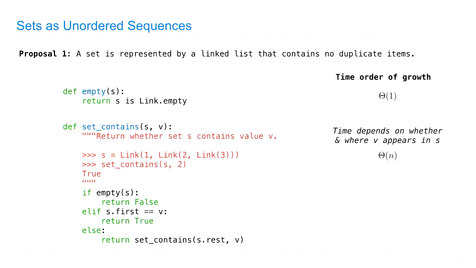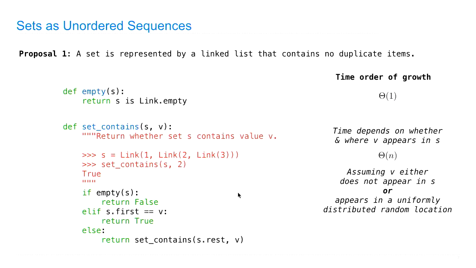But there is a way in which this is a linear time, or theta n, operation. The sense is that if V is not there at all inside of S, where n is the length of S, then you have to search through the entire thing, which takes n time.